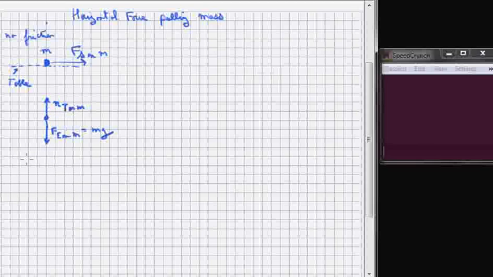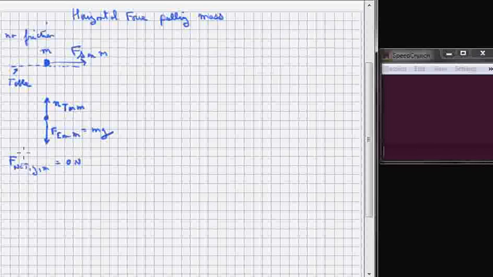And so I can say here, F net y on m is equal to 0 newtons.